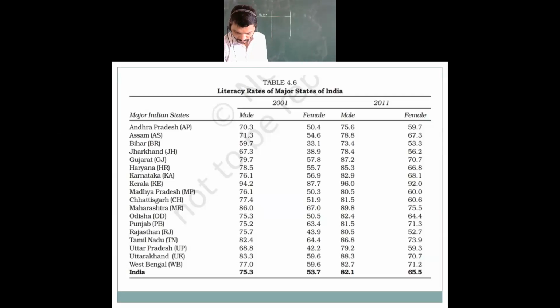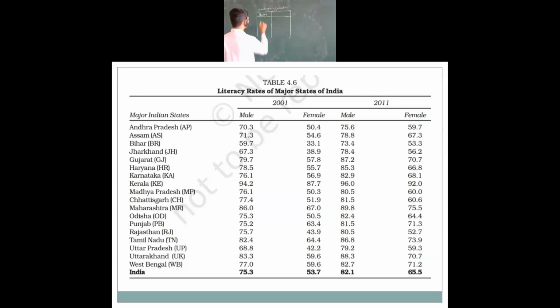See here, represent the following information on the production of the different states. Let's consider production of wheat. Production of wheat we are going to discuss here.